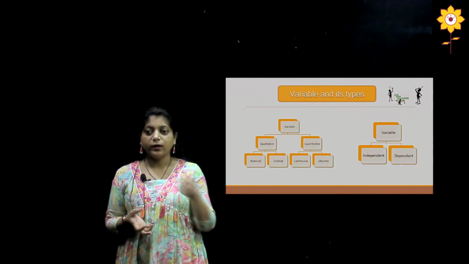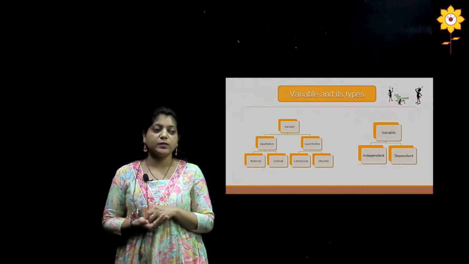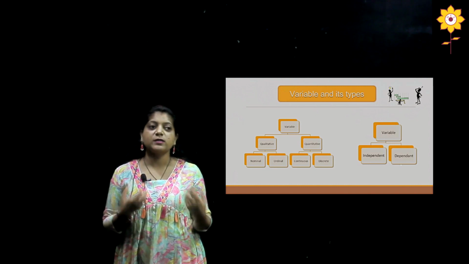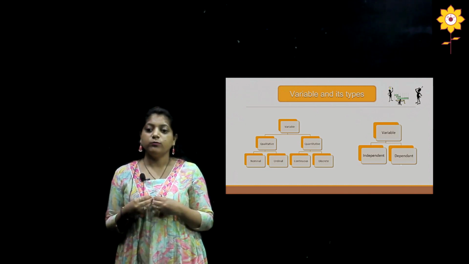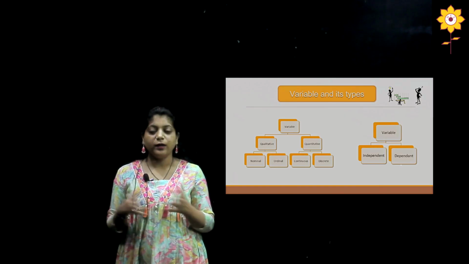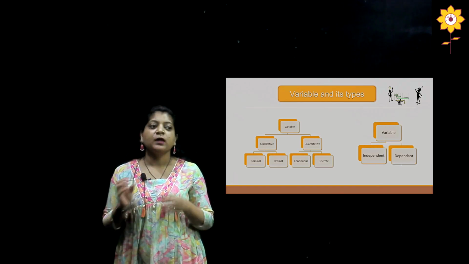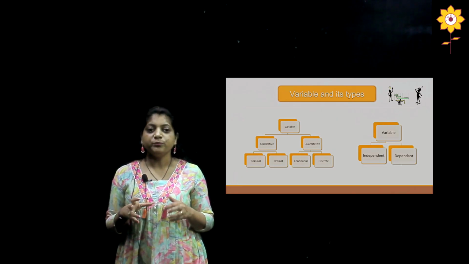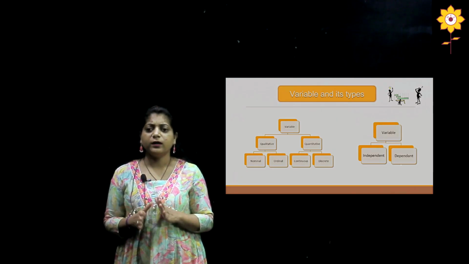So here the order does not matter. Even if I say you start writing the names of colors, someone will start from black, someone will start from red. That kind of data comes under the nominal. One more example is gender classification, male, female, that kind of data under the nominal.